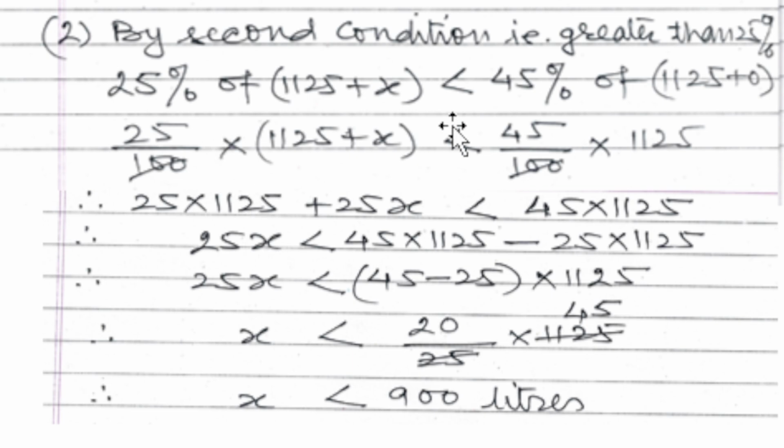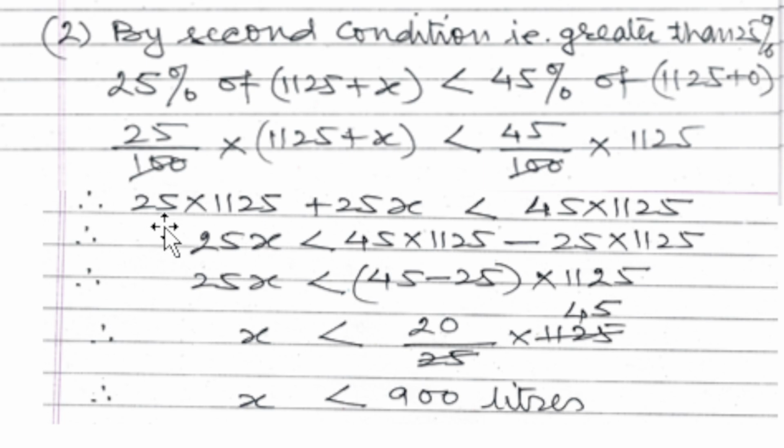Therefore, 25 upon 100 into 1125 plus x less than 45 upon 100 into 1125. So cancelling 100 from both sides, we get 25 into 1125 plus 25 into x less than 45 into 1125.